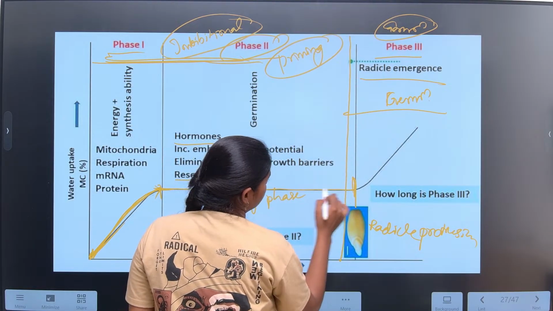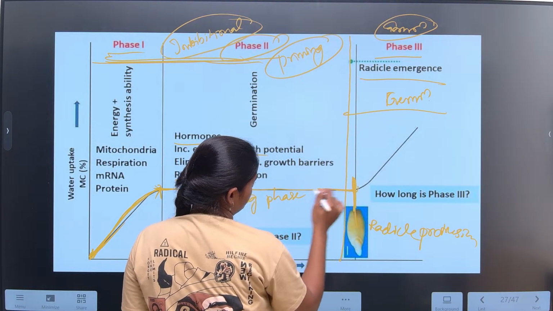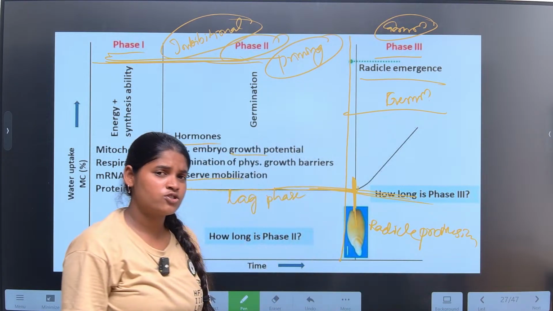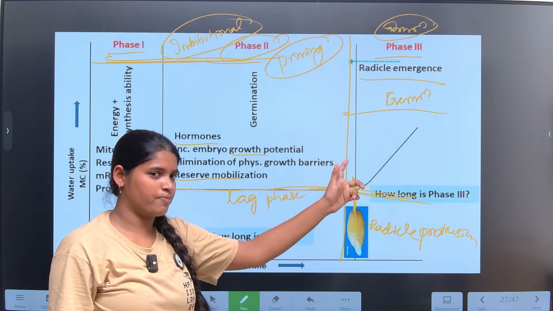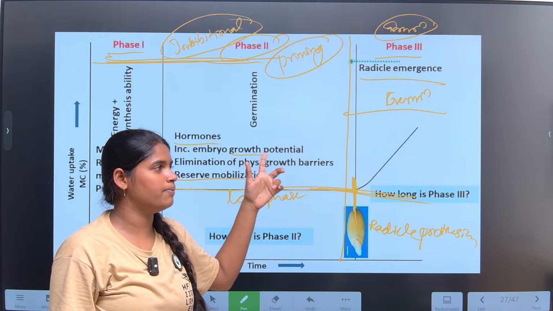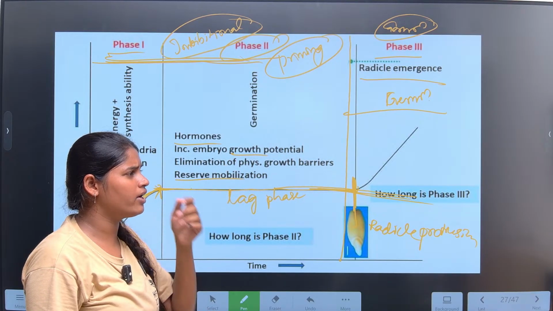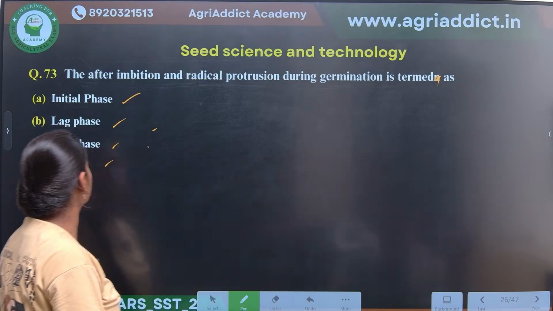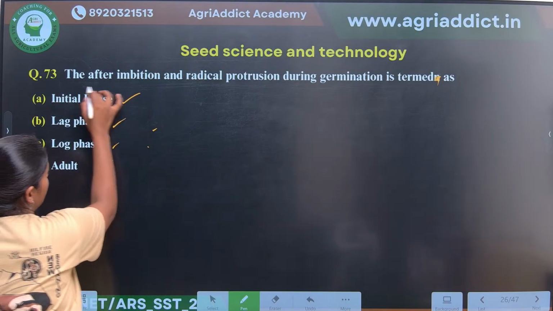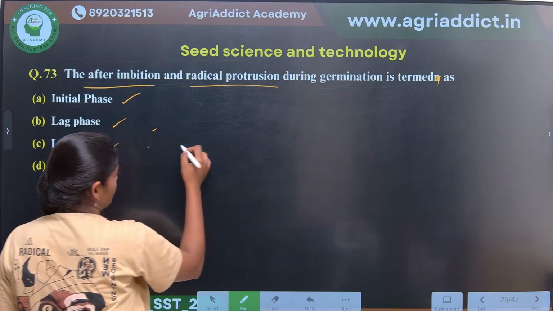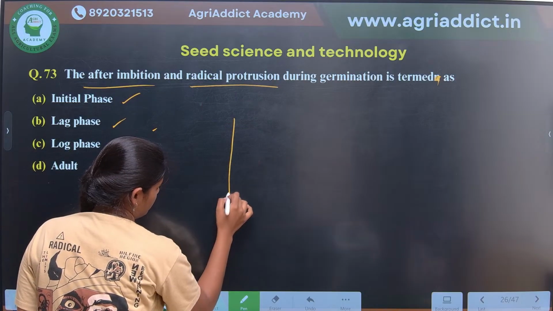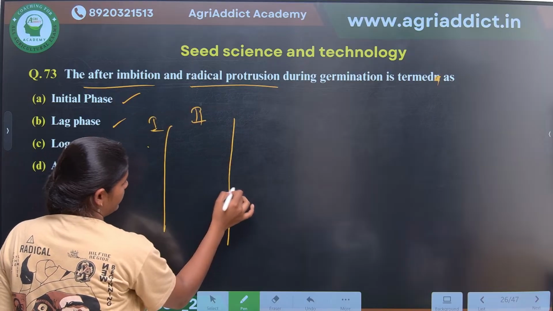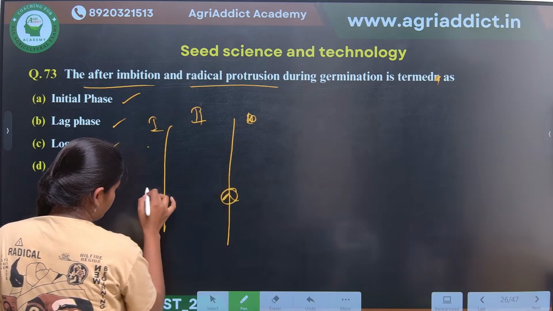It will stop the radicle protrusion here, so phase 2 will be prolonged in case of priming. This is the principle behind priming. Hope you understood this. So let's come to the question now. They have asked after imbibition and radicle protrusion during germination. So where did radicle protrusion actually start? Here, right? After imbibition, here.